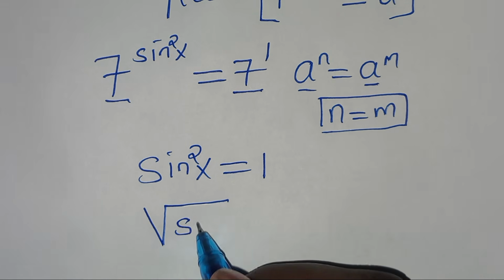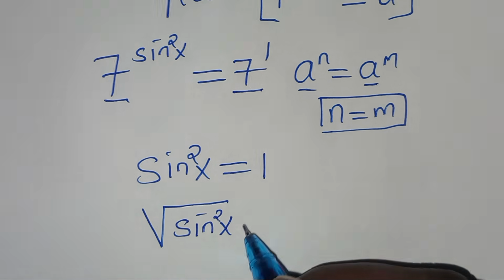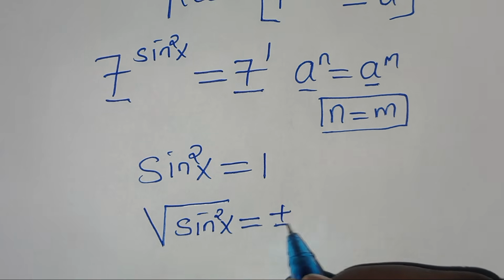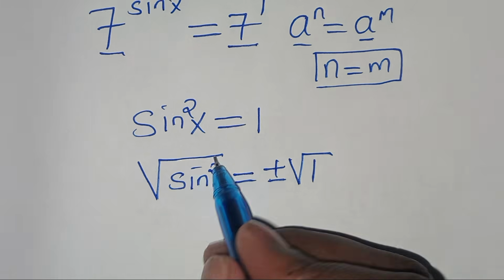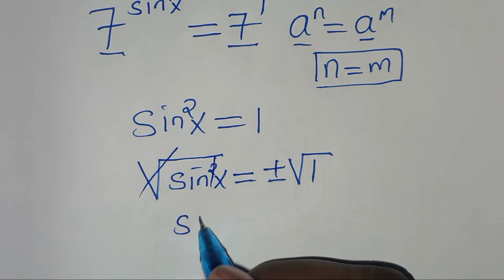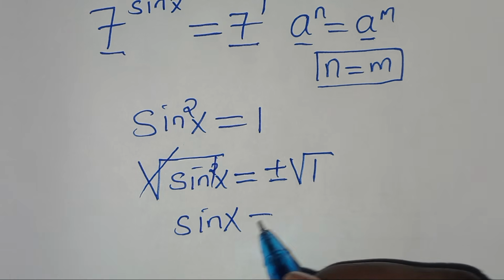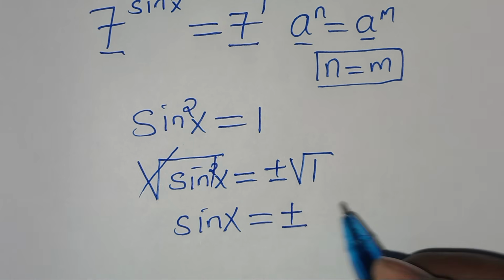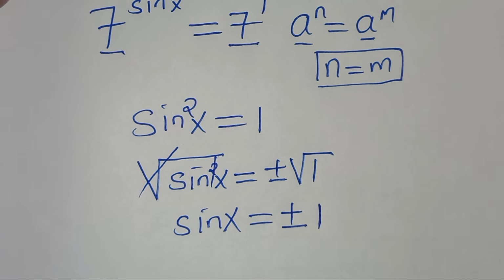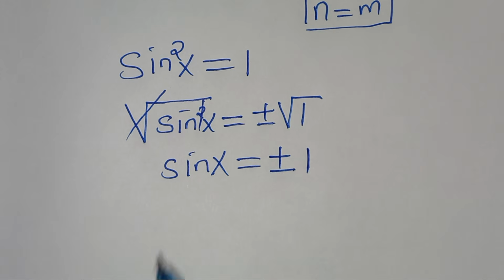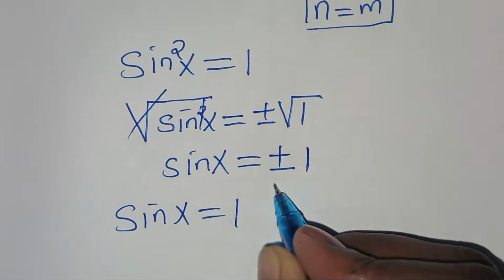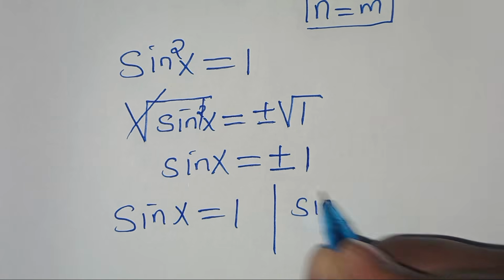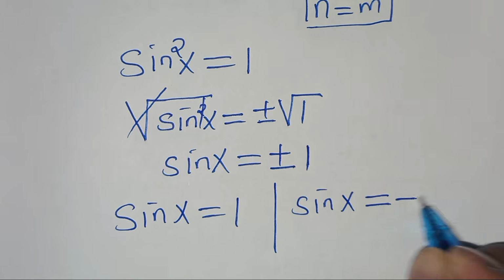So we have the square root of sine squared x equal to plus or minus the square root of 1. Let's eliminate the square root sign so that we have sine x equal to plus or minus the square root of 1, which is 1. So in this case, we have sine x equal to 1, or sine x equal to minus 1.